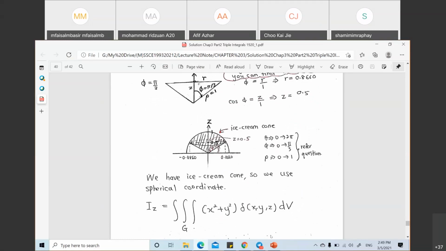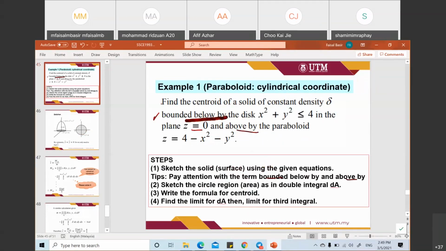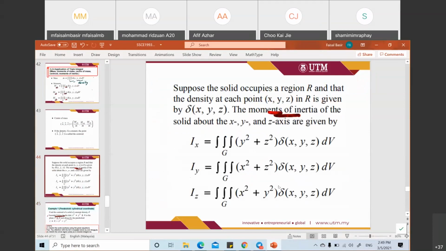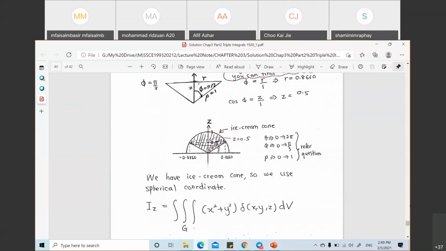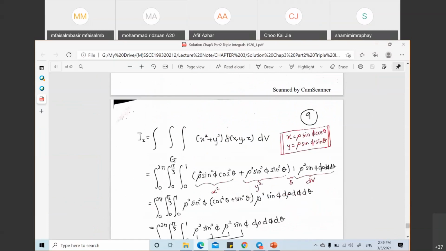So you just have to find the moment of inertia about the z-axis. So moment of inertia about the z-axis is this. Okay, so x squared plus y squared dV. So they ask you to take 1, so you just substitute 1.